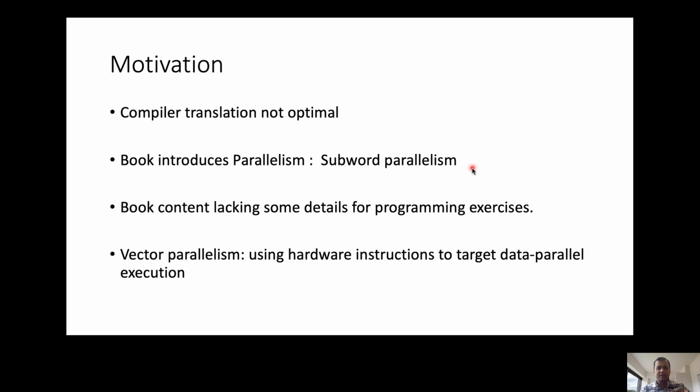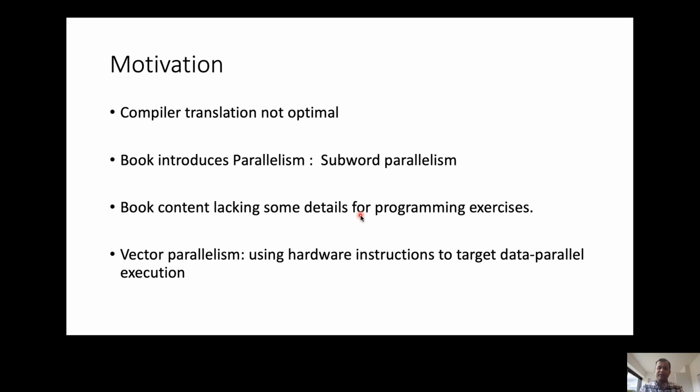The book contains some examples of matrix multiplication and how matrix multiplication code is accelerated using intrinsics and SIMD instructions. So I'm basically building on that. The main motivation was that the book did not contain enough details on a full program.